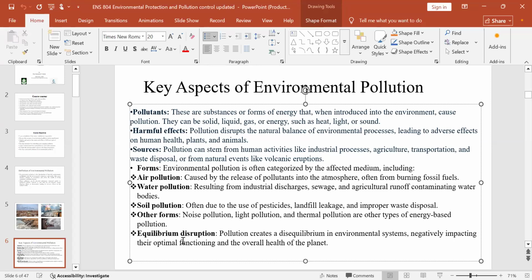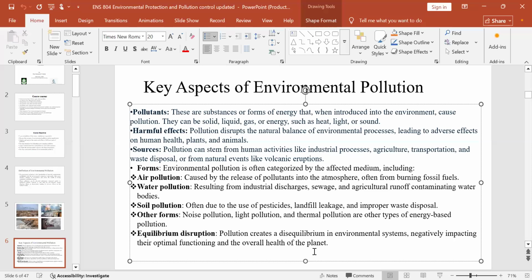You also have equilibrium disruption. This is at the center of environmental pollution. Pollution creates disequilibrium in environmental systems, negatively impacting their optimal functioning and the overall health of the planet. This is what happens when there is the introduction of a foreign media, a foreign substance into a naturally occurring media.